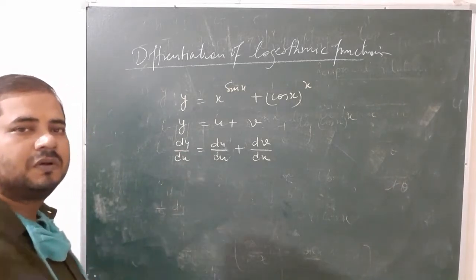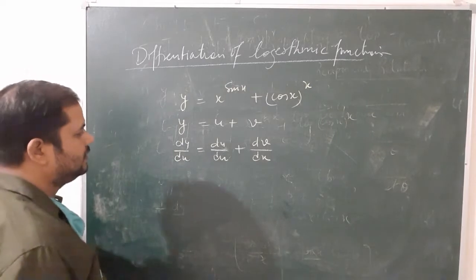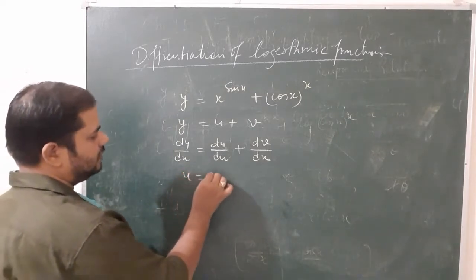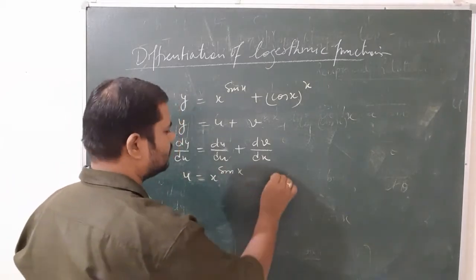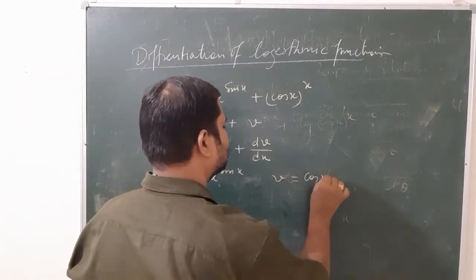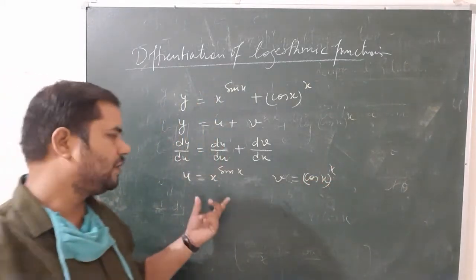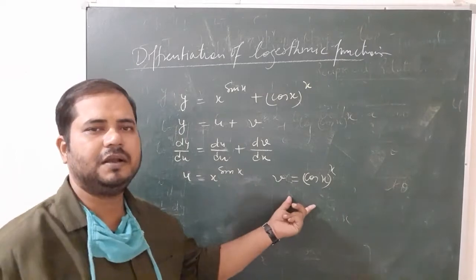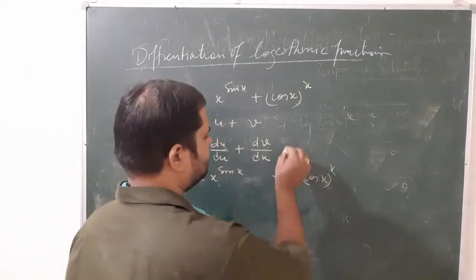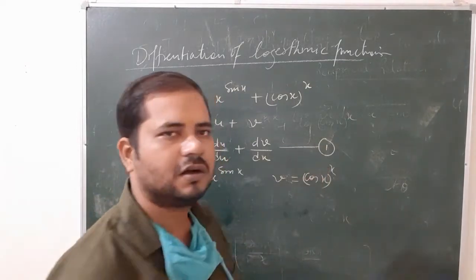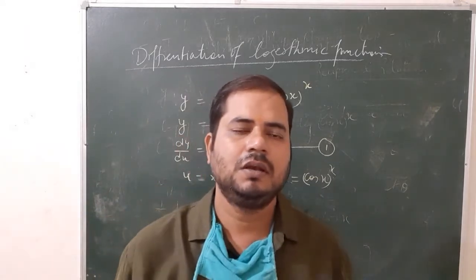So for this particular function, u is x to the power sin x, and v is cos x to the power of x. Now separately we find du by dx from here and dv by dx from here, and put these values in equation number 1 and we get the answer. Okay, maybe you understand this one.